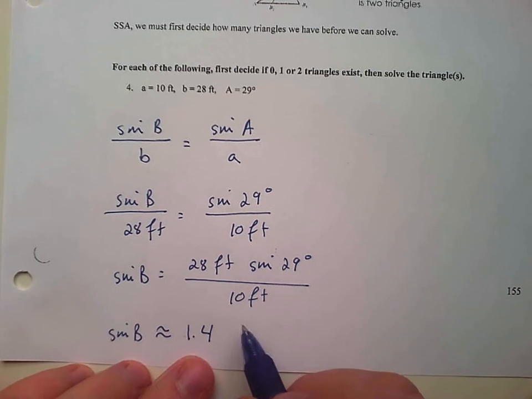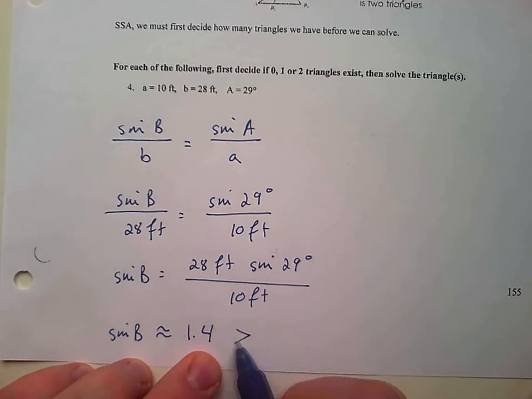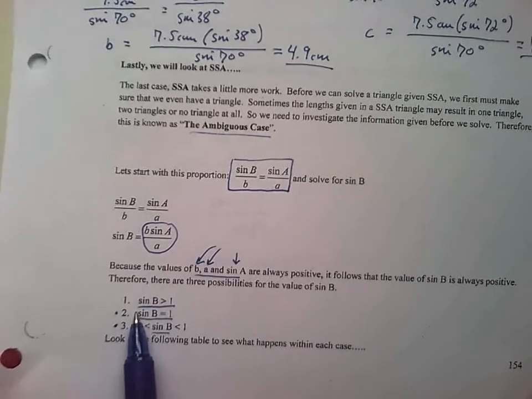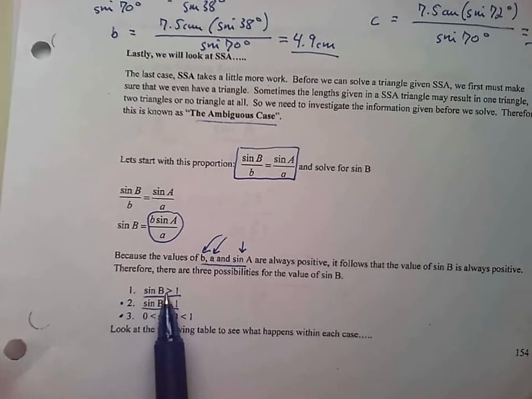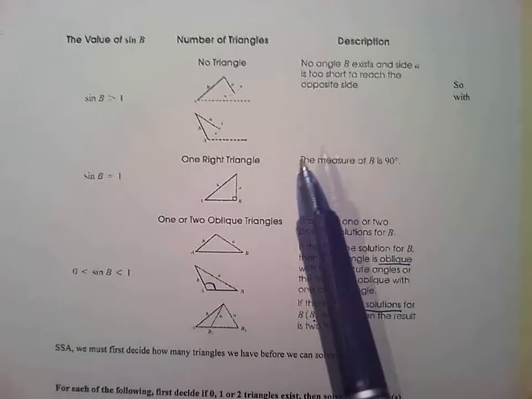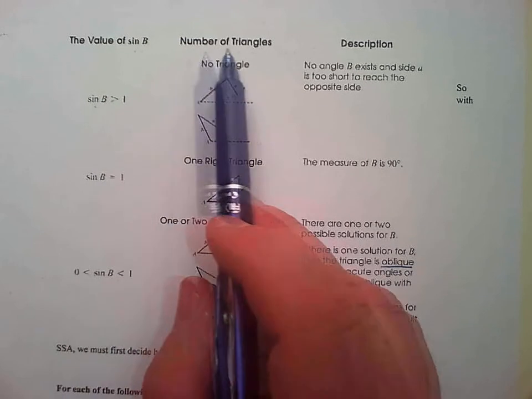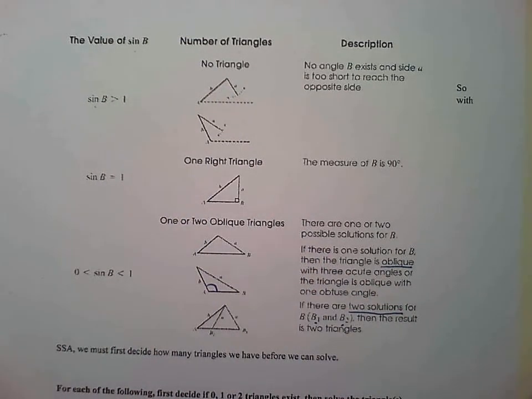Since 1.4 is greater than 1, in this case above where the sine of B is greater than 1, we have no triangle.